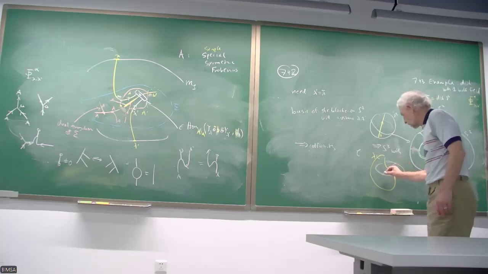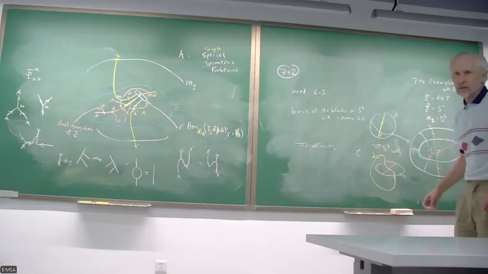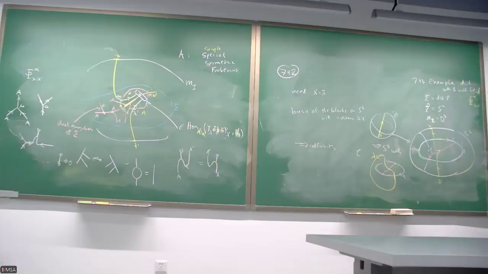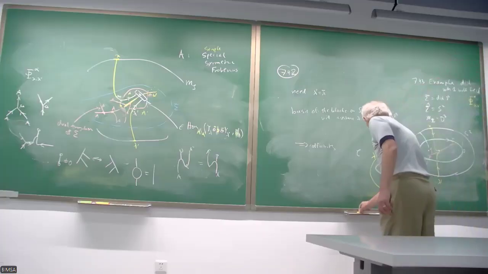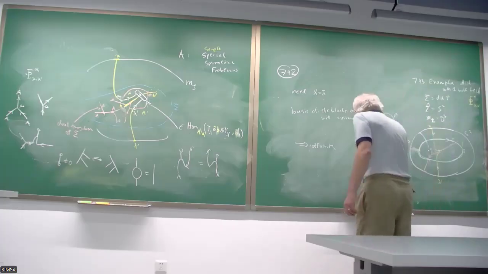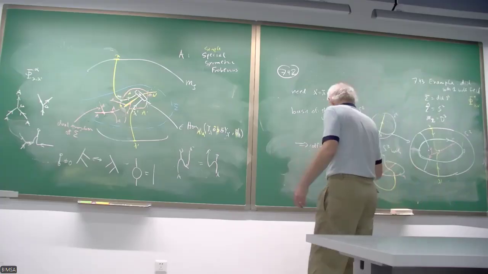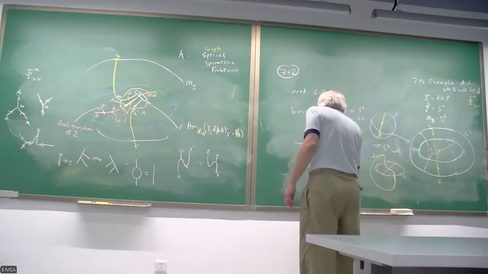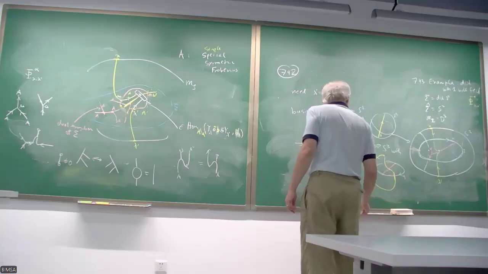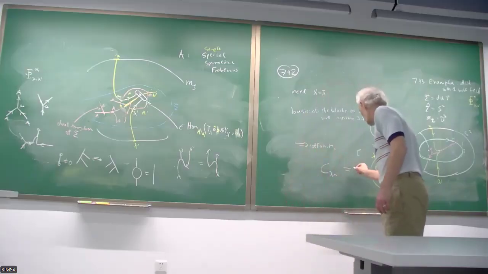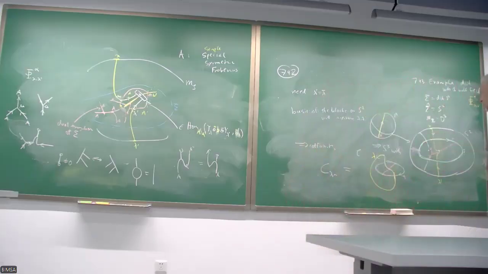So at these points here, I have the action of A on N. And so these are coefficients, depending on lambda and M. They are what they are.